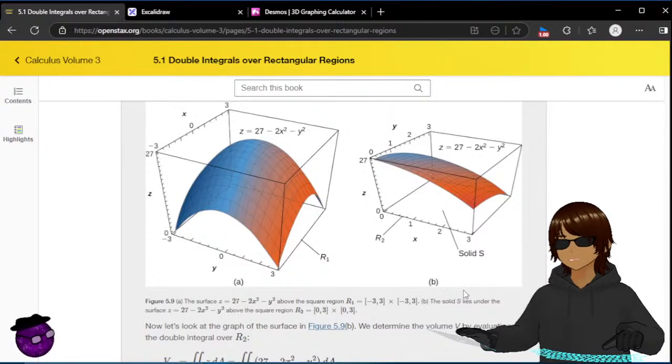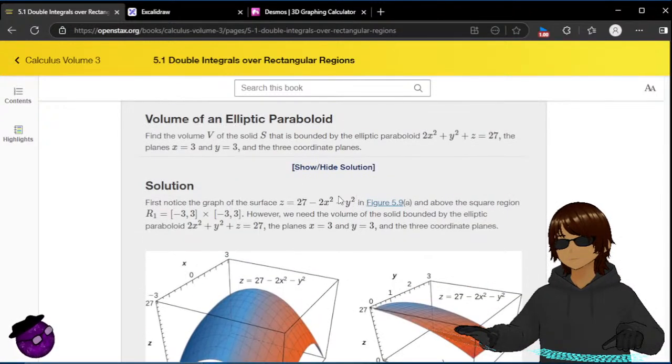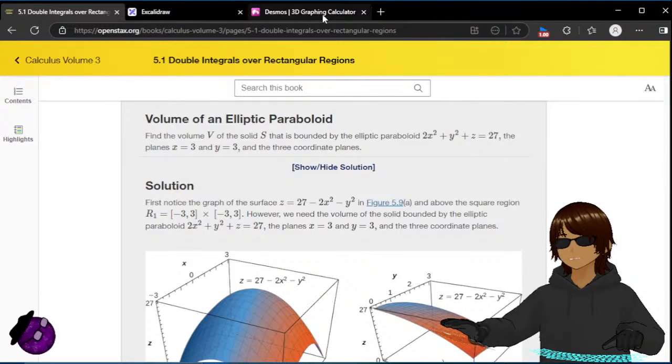The solid S lies under the surface region above the square region 0 to 3, 0 to 3. Find the volume of the solid S. It is bounded by the elliptic paraboloid, the planes x equals 3 and y equals 3.